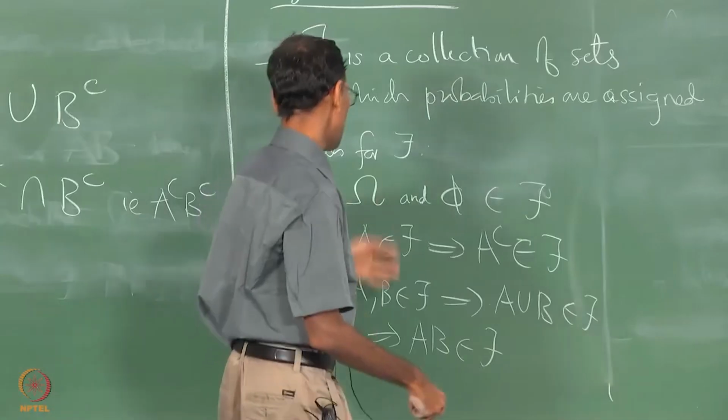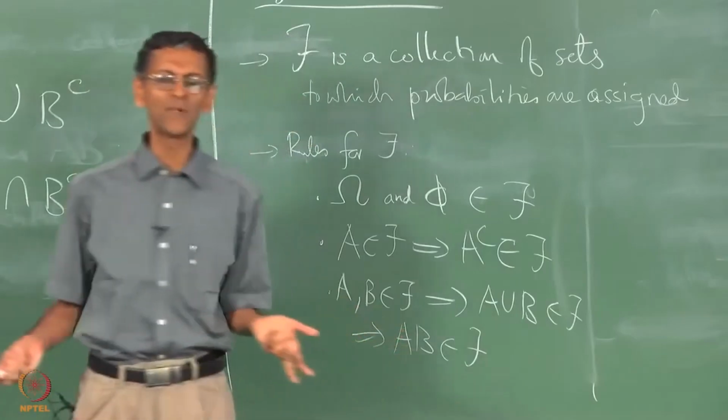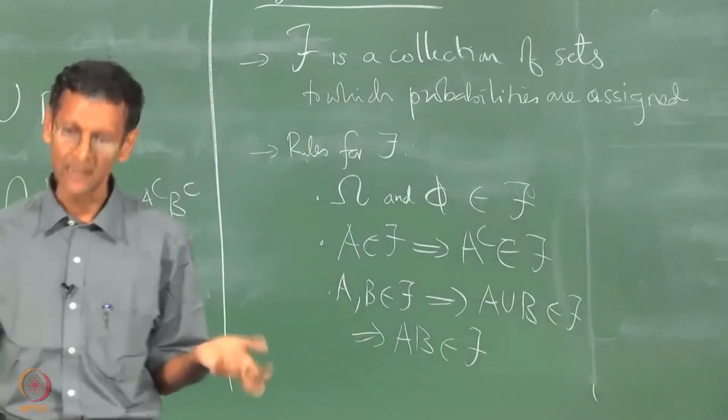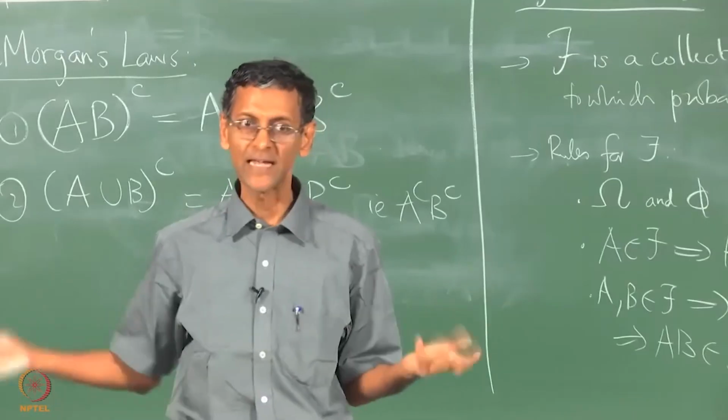So up to this point, what if somebody says I have A1, A2, A3 again? You know that you can form the unions of A1, A2 with A3 and so on.